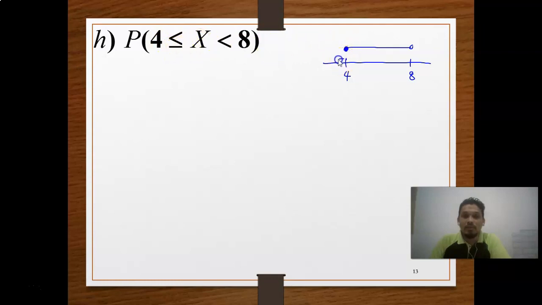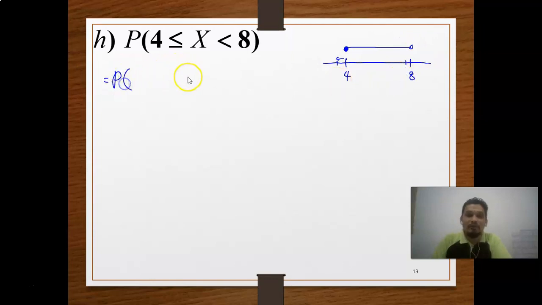So we take 0.5 step to the left. And since this does not include 8, if this included 8 then we would add 0.5, but this does not. So we minus 0.5 with 8 here.